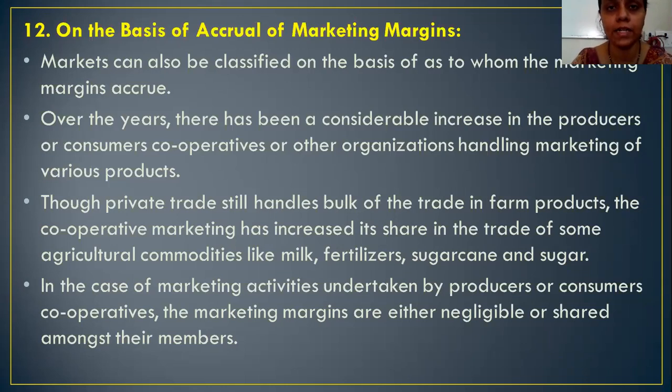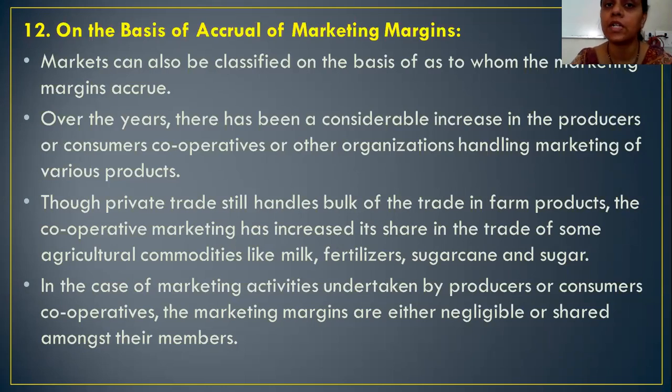In the case of marketing activities undertaken by producers or consumers cooperatives, the marketing margins are either negligible or shared amongst their members. Such type of agencies you can observe who share their margins with one another. So this is the last dimension we discussed today, on the basis of accrual of marketing margins.